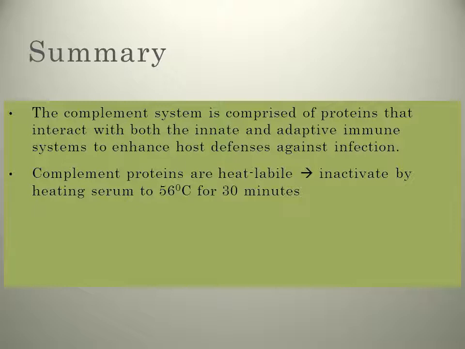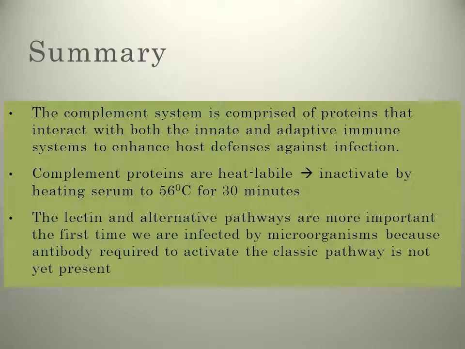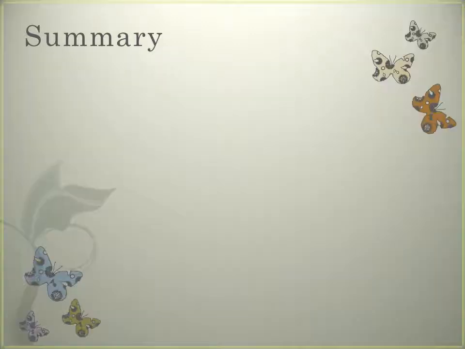That's easy to do. All we need to do is heat that patient serum to 56 degrees, hold it there for about 30 minutes. All those complement proteins are going to denature, and there'll be no complement activity left in that patient's serum. The lectin and the alternative pathways are more important the first time we're infected with a new organism because no antibodies are required in order to get them started.